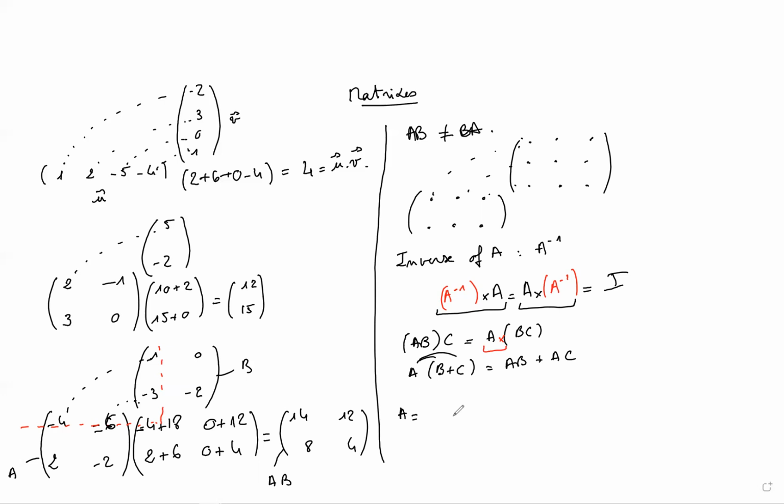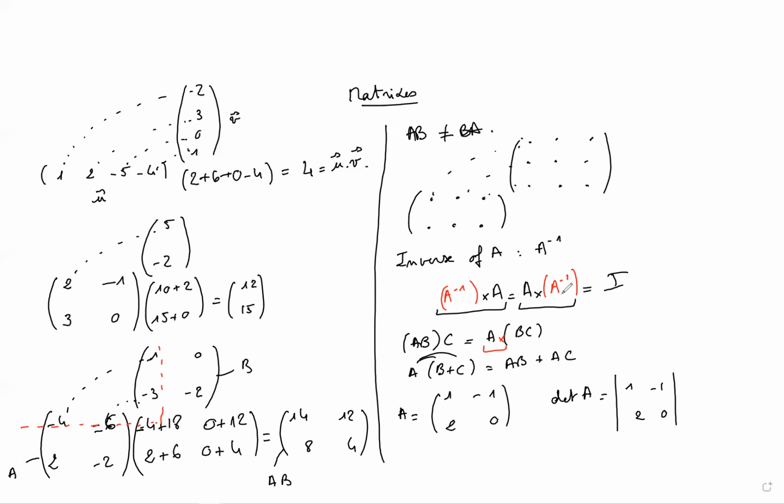Let's take A, 1, 2, -1, 0. The determinant of this matrix is written between bars and not parentheses.